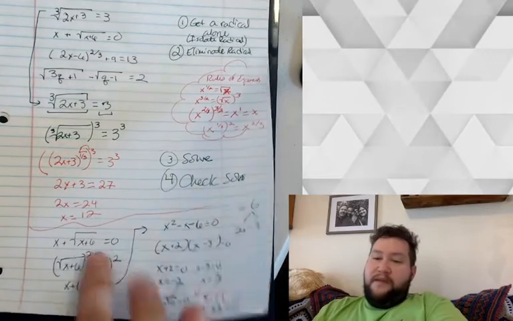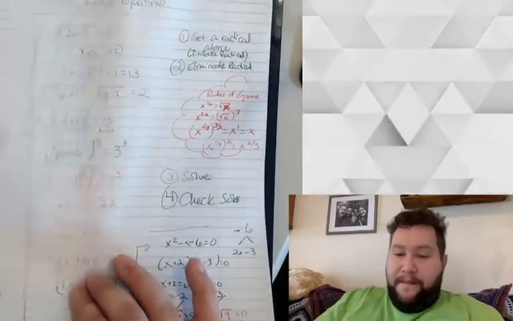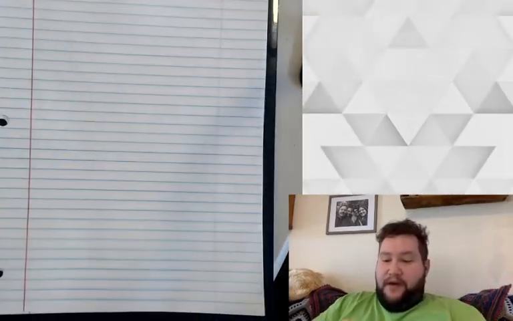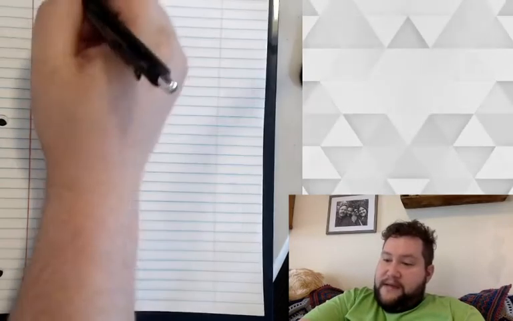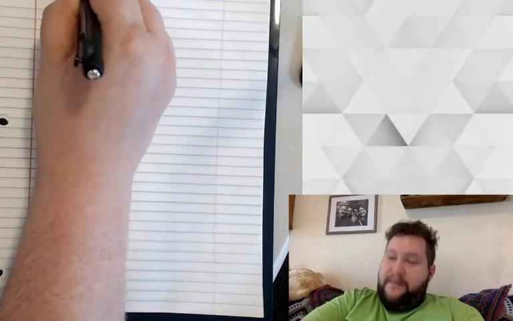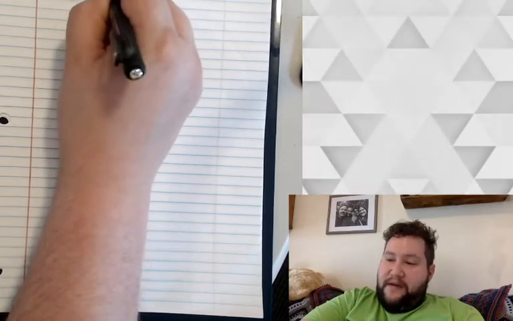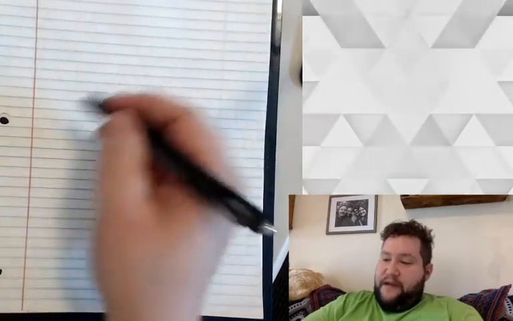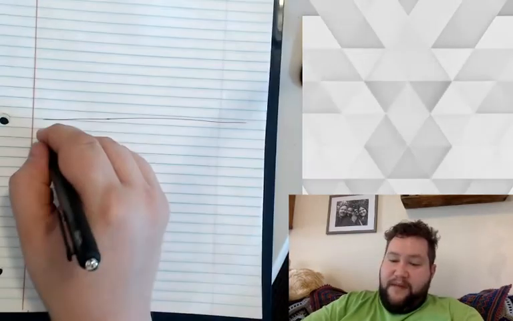So I have 2 more examples of this kind, right? Those were 2x minus 6 to the 2/3 plus 9 equals 13. And let's see if I can use only half of a sheet of paper.